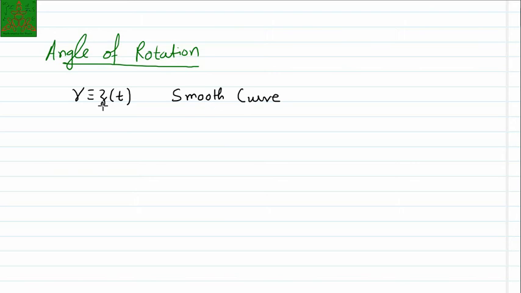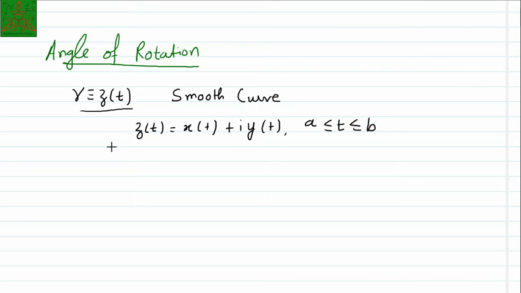It means that z of t is a differentiable function everywhere in its domain, and it is a complex function, so I am taking z of t equal to x of t plus i y of t, where the variable t lies between a and b.